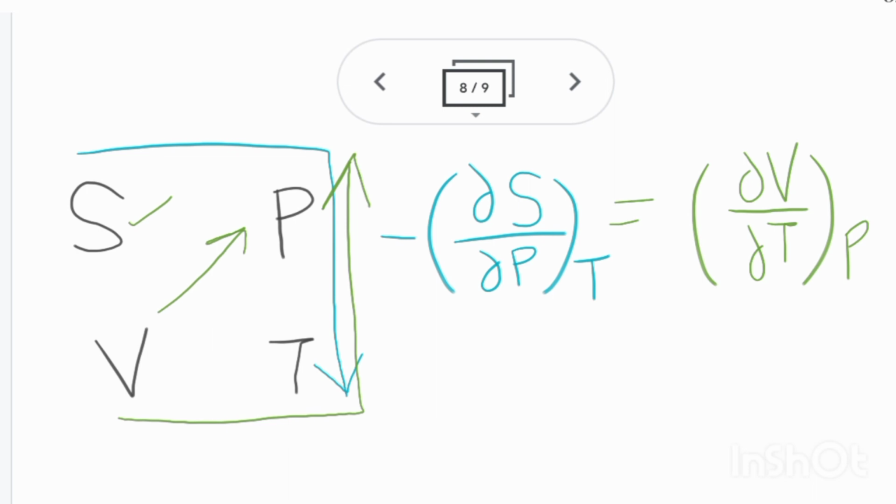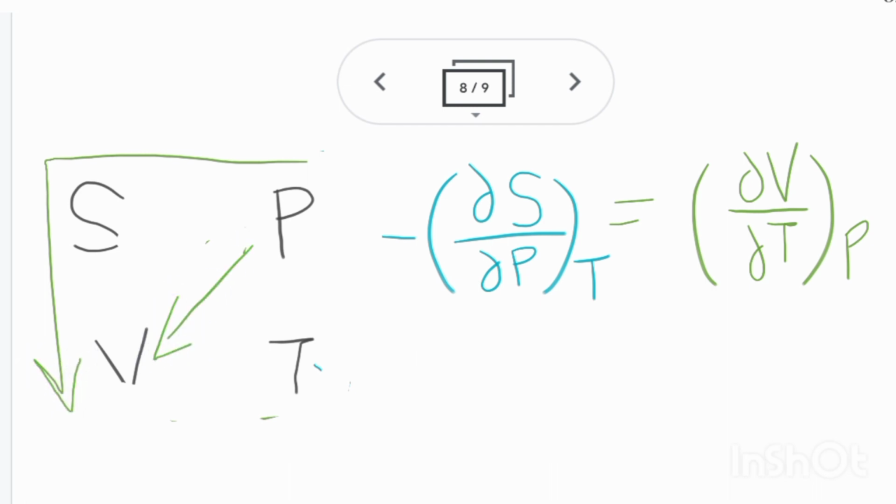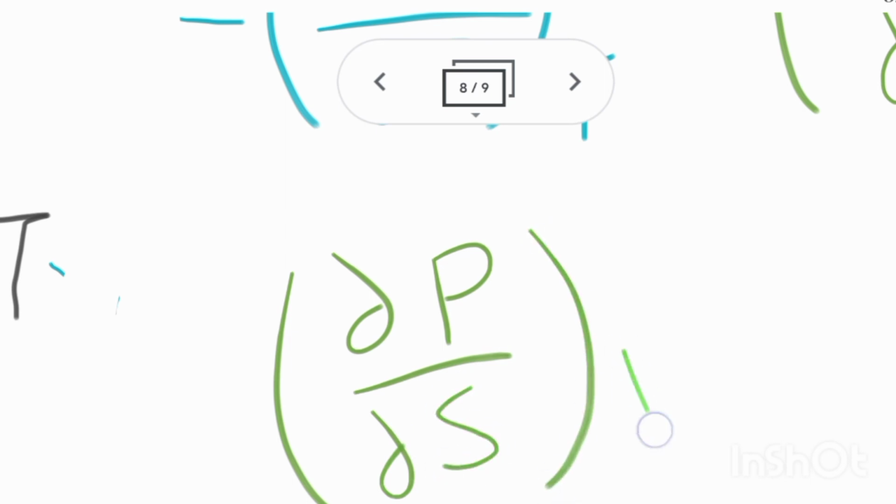It was so simple. Now let us see what we derived earlier, and whether it was correct or not. My first one was minus ∂P/∂S at V, right? As you can see, the initial and final are in a downward position, so it will be negative: ∂P/∂S at constant V, which will be minus.